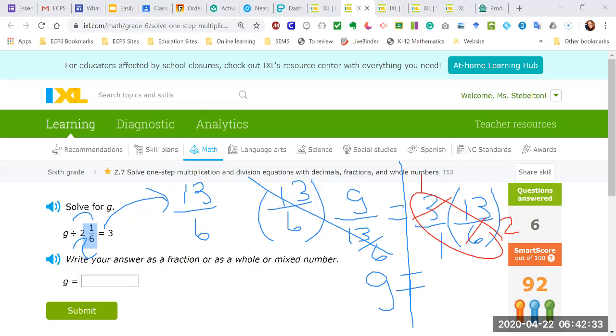So then all you have to do is multiply straight across. So 1 times 13 is 13, and then 1 times 2 is 2. So that gives us 13 halves as our final answer. 13 halves.